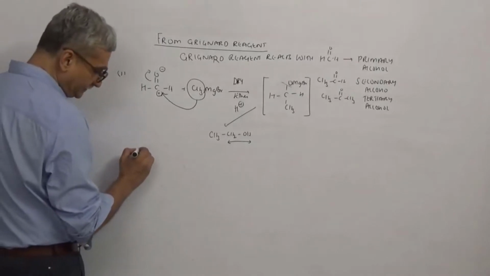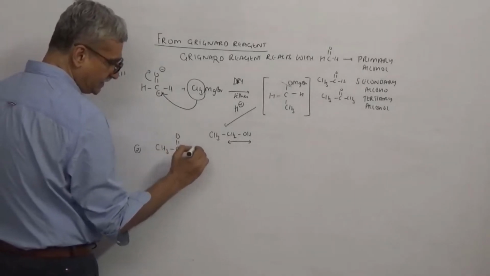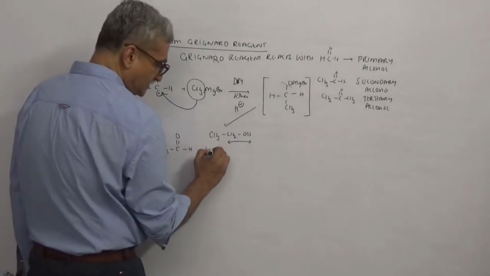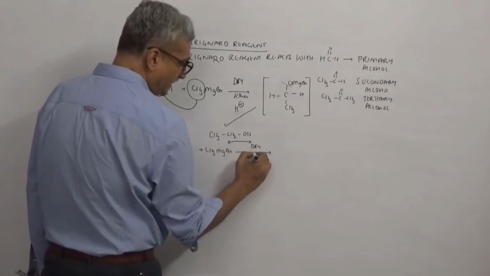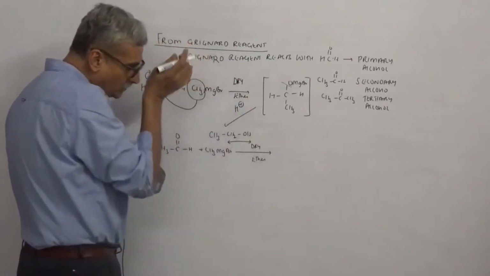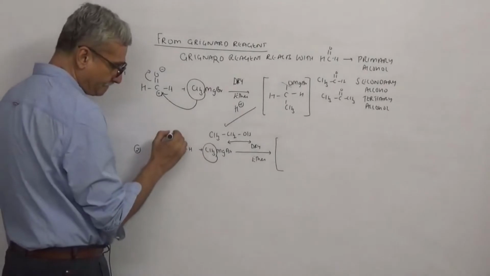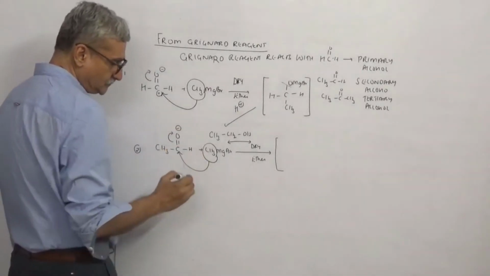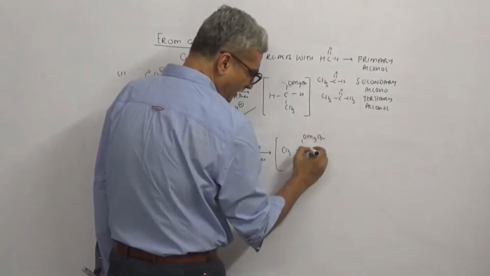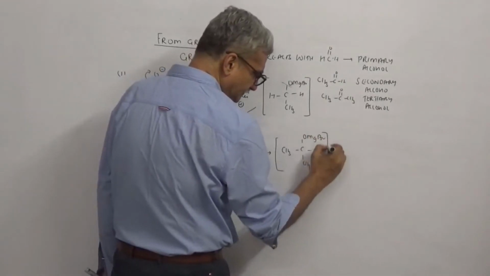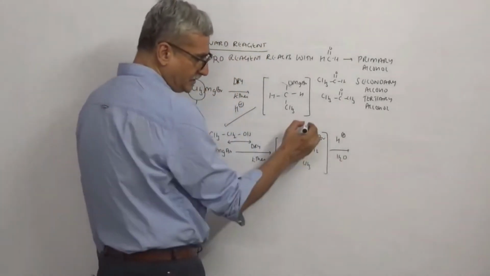When you take any other aldehyde, suppose I take acetaldehyde, CH3CHO plus CH3MgBr in presence of dry ether, you get an intermediate, CH3, C, OMgBr, H, and this on hydrolysis in presence of a dilute mineral acid, the bond will break over here.